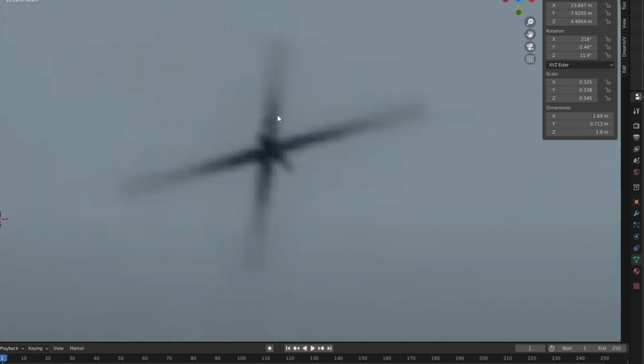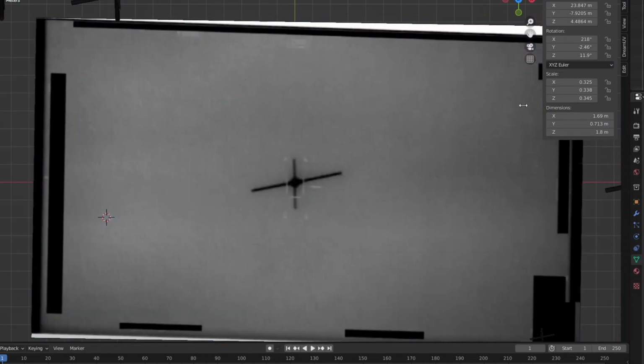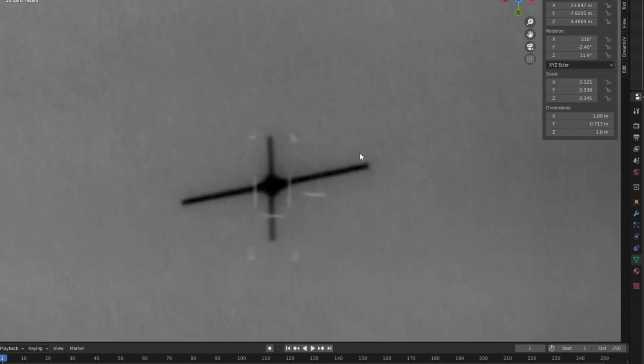It also seems to be bleeding out, in terms of how a helicopter blade, or just moving thinning objects in general, would appear on a camera if you're trying to take it. So yeah, this one's a nice still image.